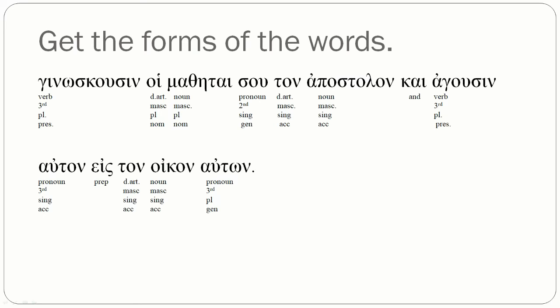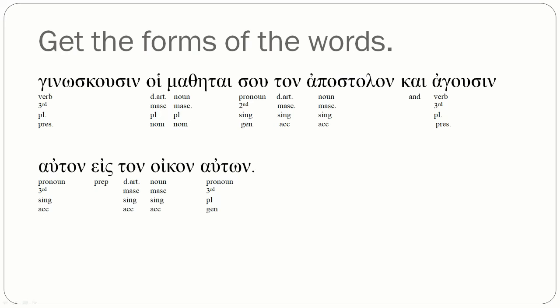Then you have su there. This is a pronoun, one of the ones that we just learned. I think, what is that, on page 66? It's the second person personal pronoun, and this is the genitive singular form. Okay, su. It sounds exactly like the nominative, but the sigma omicron upsilon is the genitive singular.